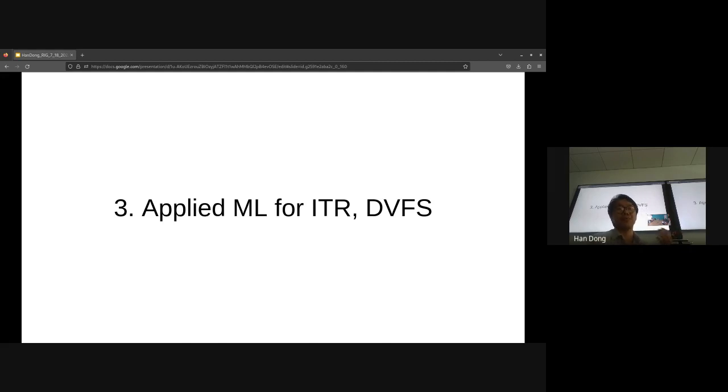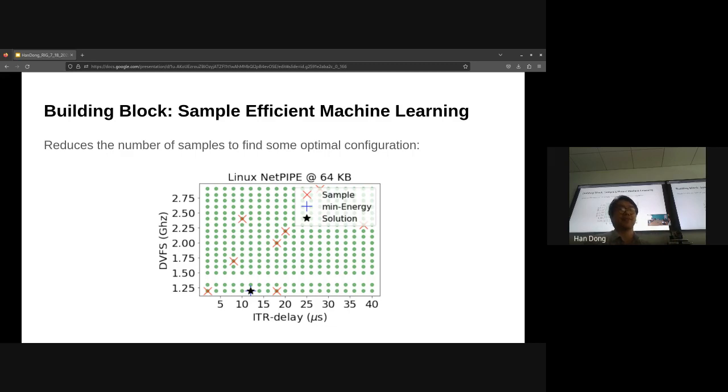The first steps that we tried to explore in this space were classes of ML techniques called sample efficient ML, where the whole goal is that given some optimization problem, it can converge to some solution in a few samples. The data that I'm showing here is that we took our existing data and fed it to this ML algorithm, where every single green dot here is a unique ITR and DVFS value that we ran from our study.